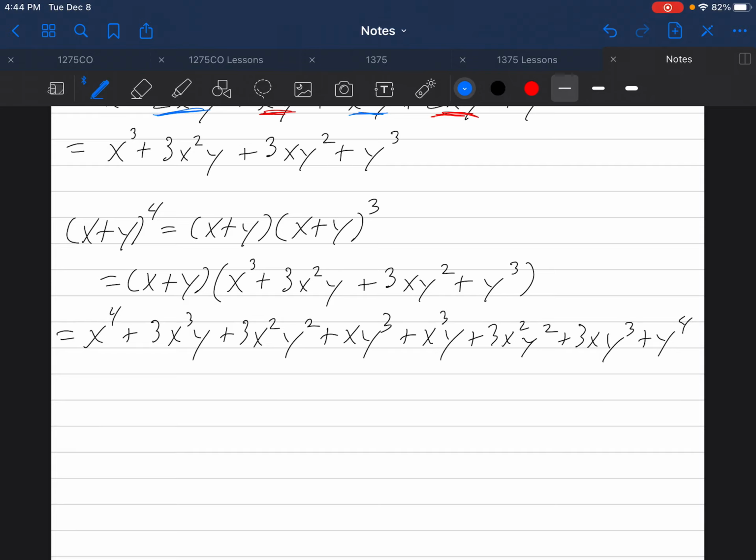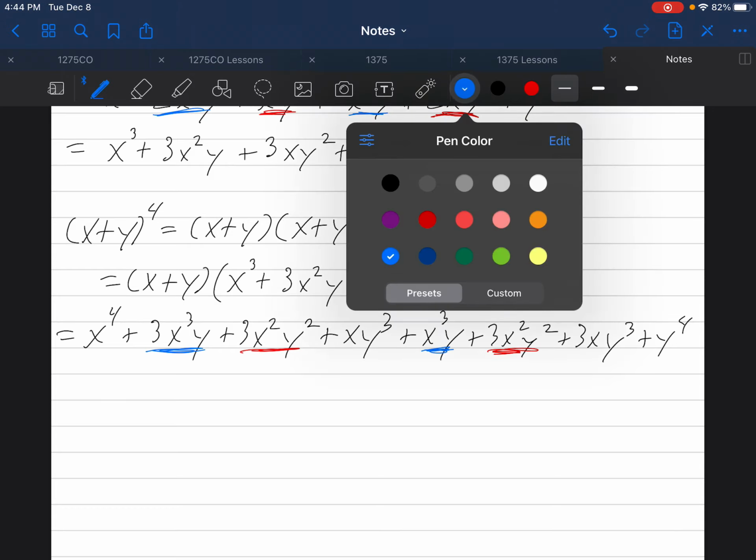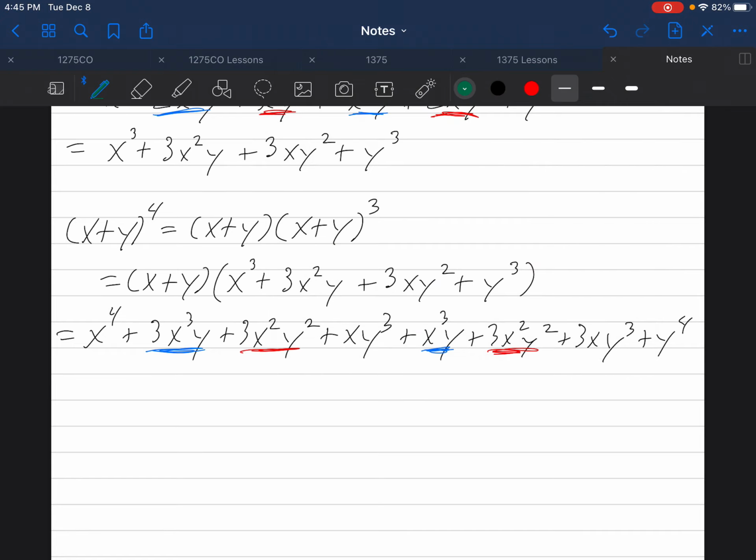And we can combine like terms once again. X to the third y and x to the third y are going to combine. X squared y squared over here, x squared y squared, those are like terms. And let's use green, xy to the third, and here xy to the third.